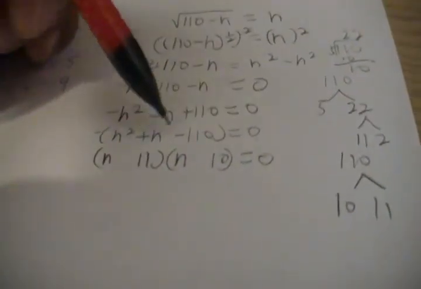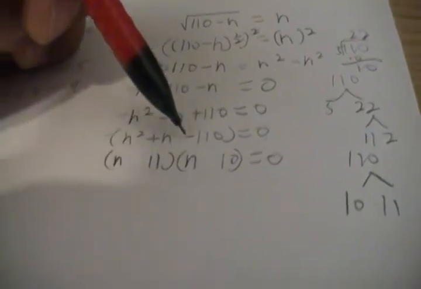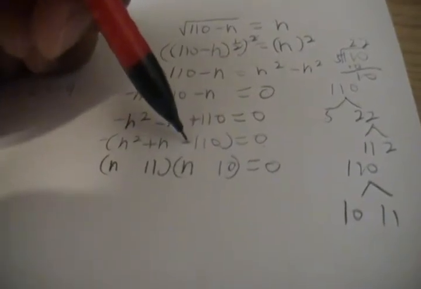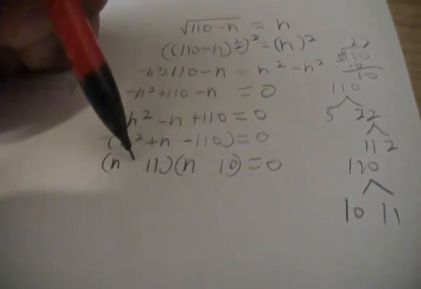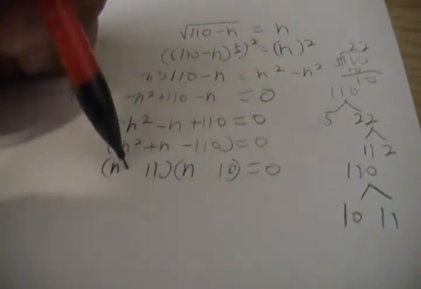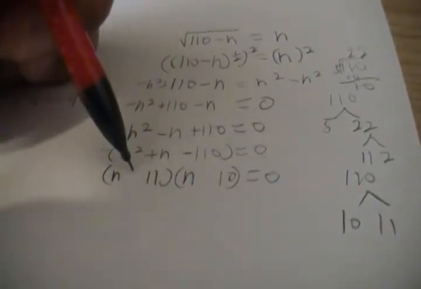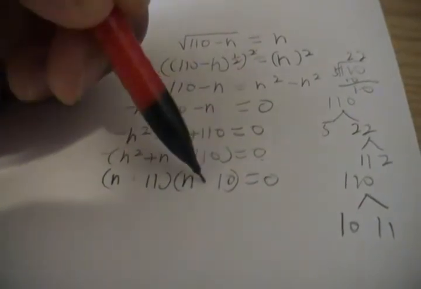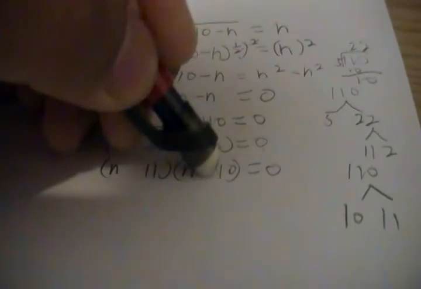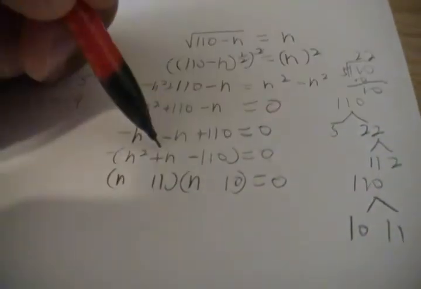Now, here's where we have to be careful about the signs. When you multiply these two out, they have to equal a negative number. So you're going to have either a positive and negative for each binomial, so this could be a positive or this could be a negative, or vice versa. The way to know which one it is is by looking at the middle term.